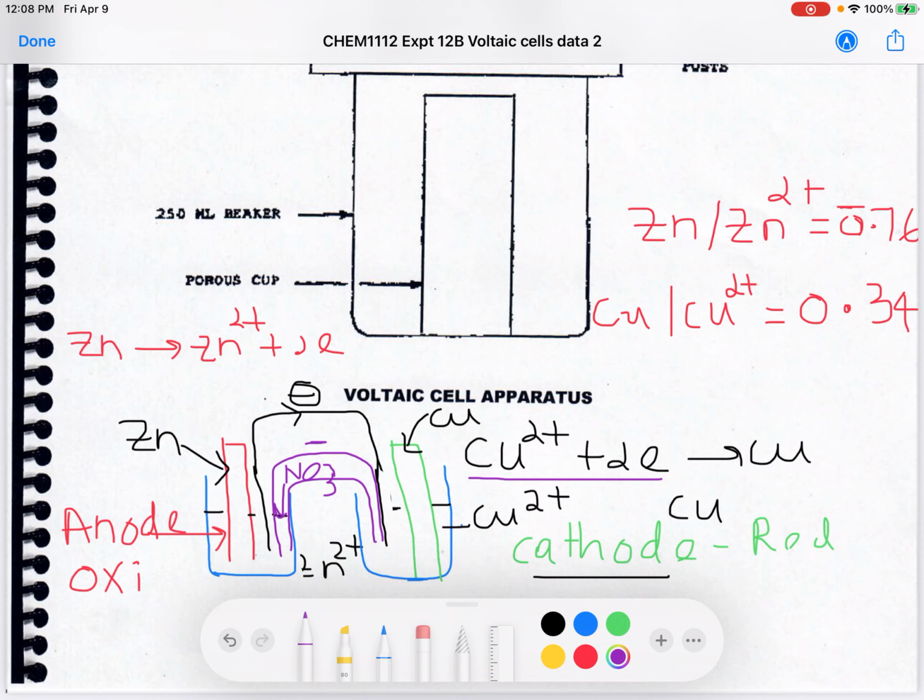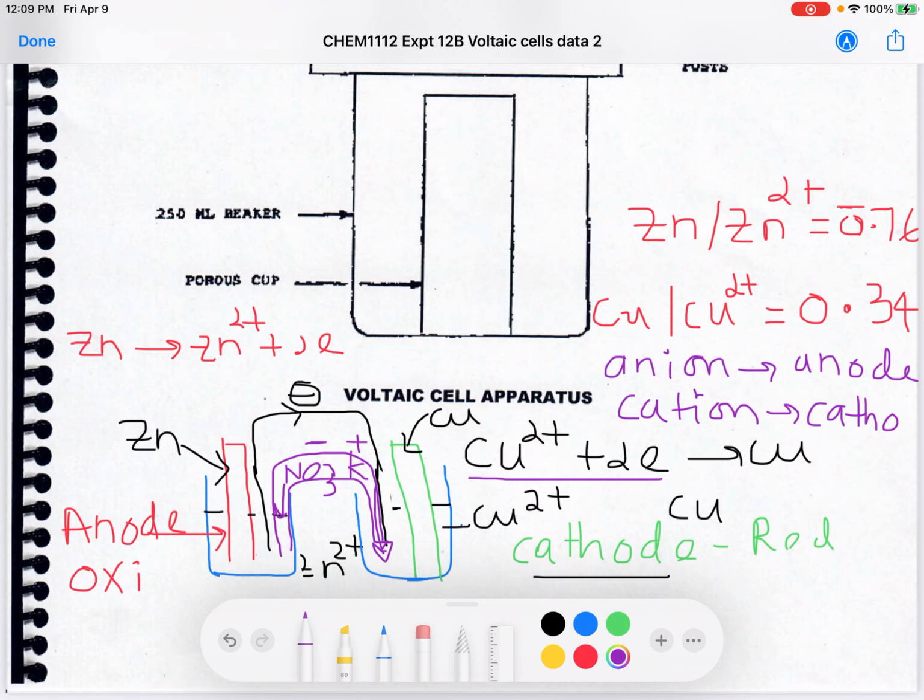Copper ions become copper, meaning we are losing copper ions from the solution. So the cations in the salt bridge move to the cathode side. You can even remember it like that: anions go to the anode, and the cations from the salt bridge go to the cathode, to balance the electrolytes. So that is what we had learned.